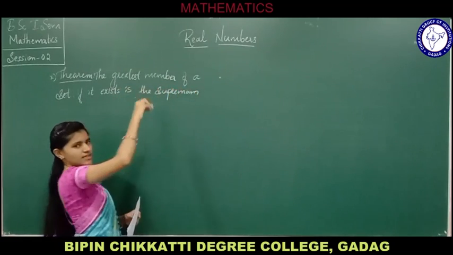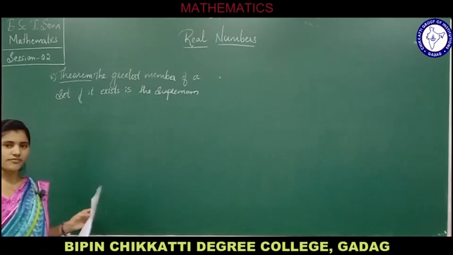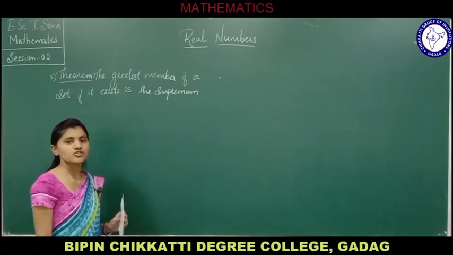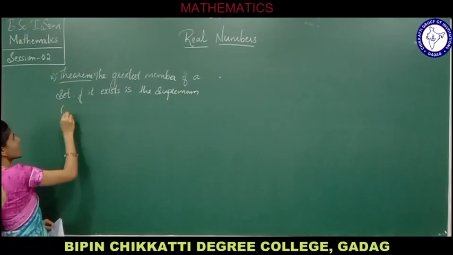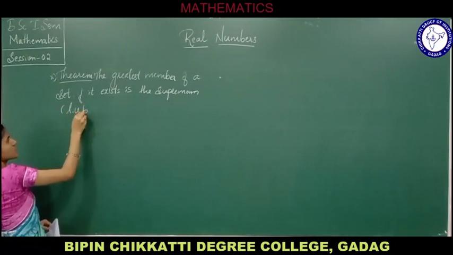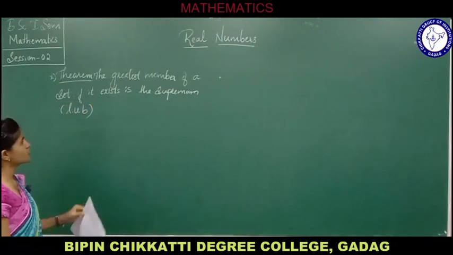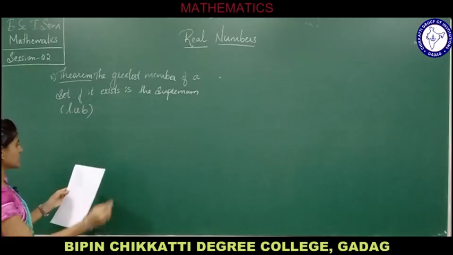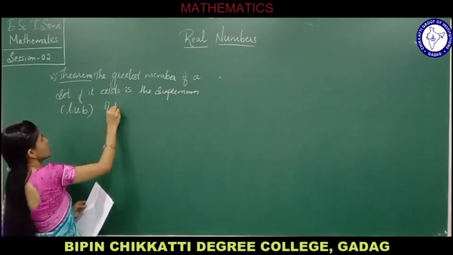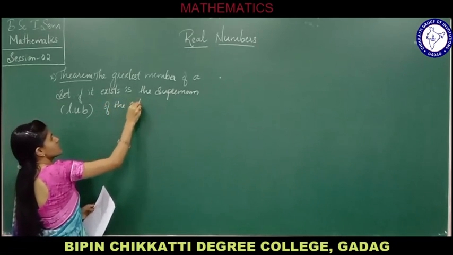What is another name of supremum? We have defined it while explaining the definition. Supremum was also called the least upper bound, right? The greatest member of a set, if it exists, is the supremum or least upper bound of the set.